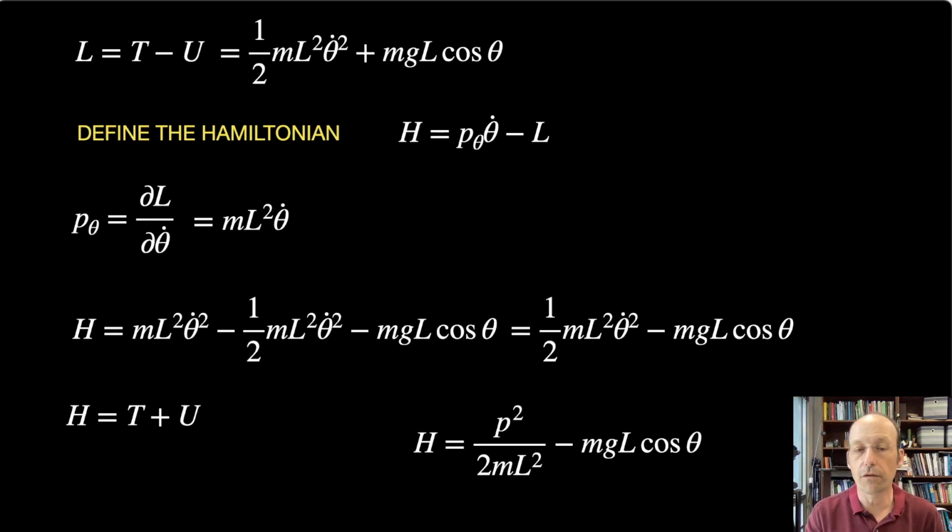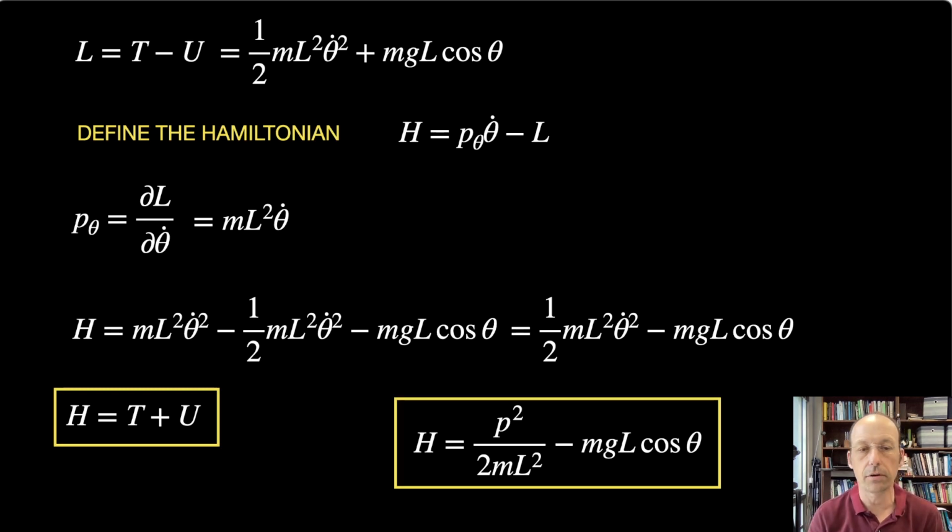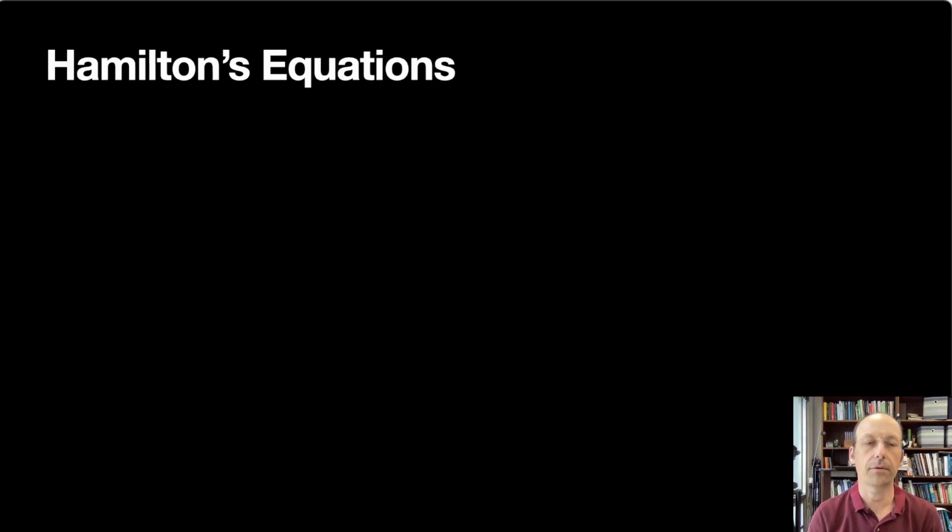So p squared over 2 m l squared is the same as the kinetic energy. So now I have the Hamiltonian in terms of p and theta. That's important, and so I'll put a box around it. Put a box around that because it's kind of important. And put a box around this. So now I have the Hamiltonian. I can use Hamilton's equations, not the Hamilton. Okay.